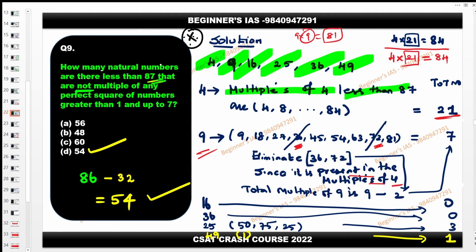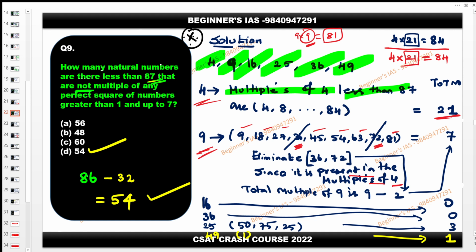Since 36 and 72 are already multiples of 4, you should not consider them in 9. So totally 9, then eliminate 36 and 72. Therefore you get 7 numbers. Clear with this point? Yes, sir. Fine.